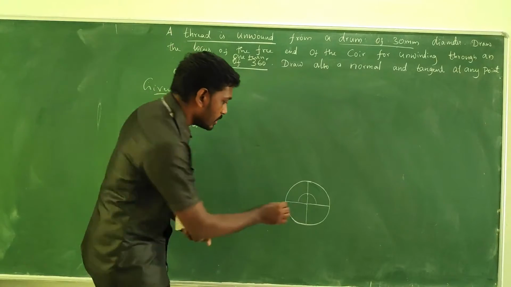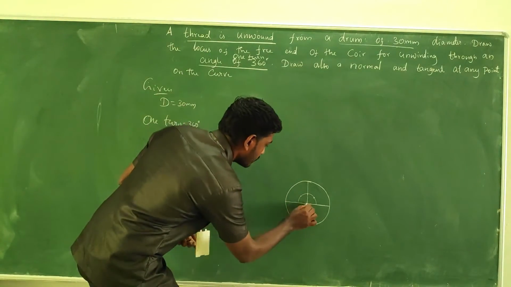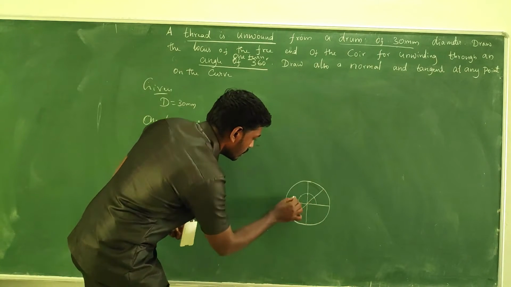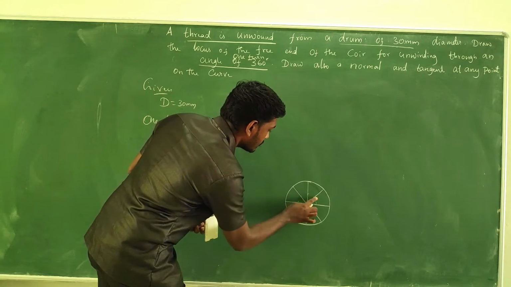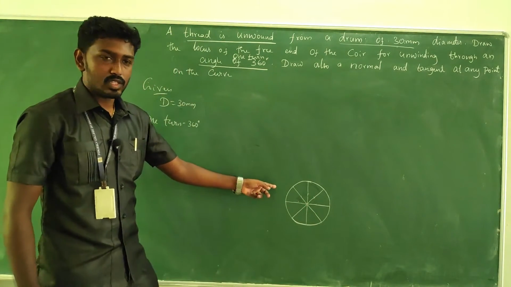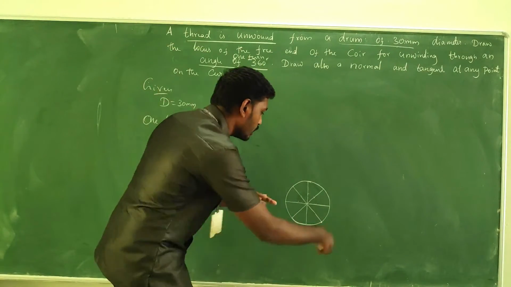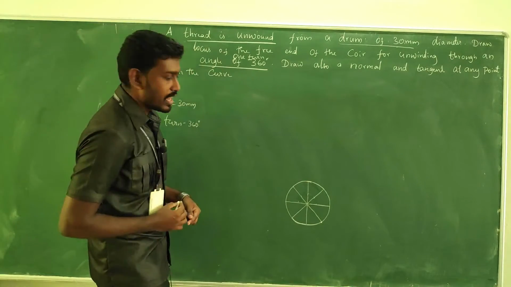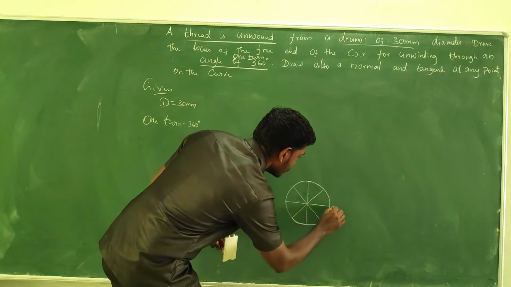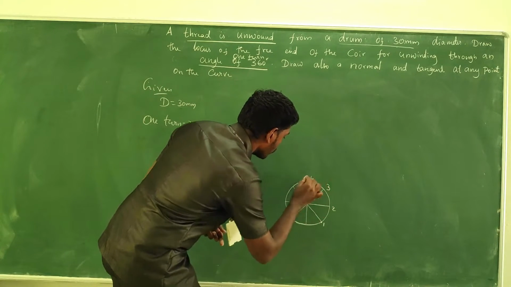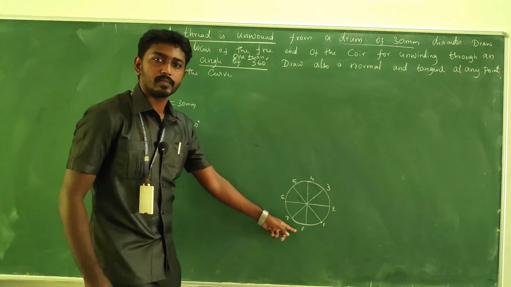Then again take 45 degree on both sides and draw lines so that you divide the circle into 8 equal parts. So give the naming. From this point I am going to name in the anti-clockwise direction, right? So this is 1, this is 2, 3, 4, 5, 6, this is 7, and this is 8.